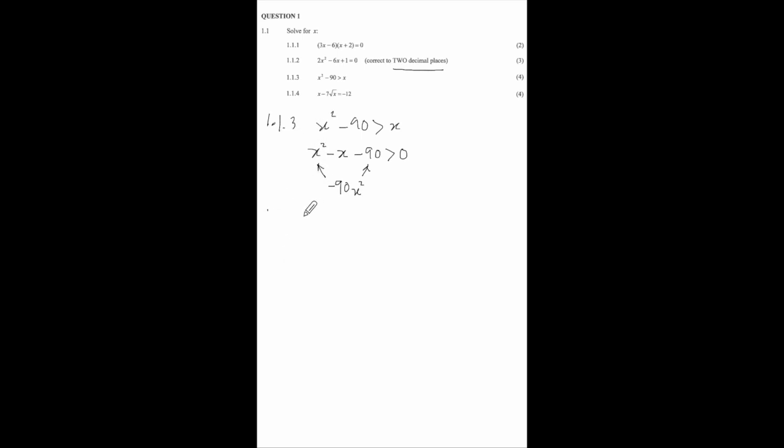Then I go about finding two factors which, if I multiply them, I'm going to put a box here and I say multiply by, so there are two factors which I multiply and they give me this negative 90 x squared. And then if I add those same factors together, I would get this middle term, which is negative x. So if I add, it should give me negative x.